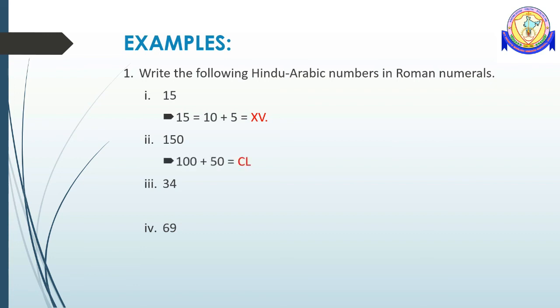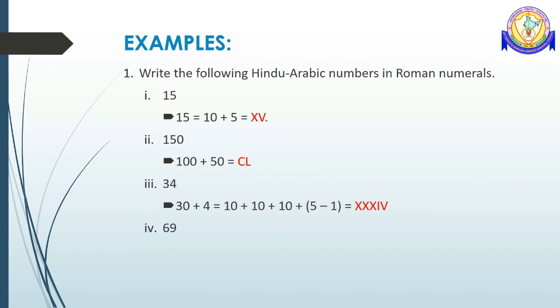Likewise, 150. 150 can be written as 100 plus 50. 100 is C, 50 is L. Therefore CL is the answer for 150. 34 is 30 plus 4. 30 can be written as 10 plus 10 plus 10 and 4 can be written as 5 minus 1.